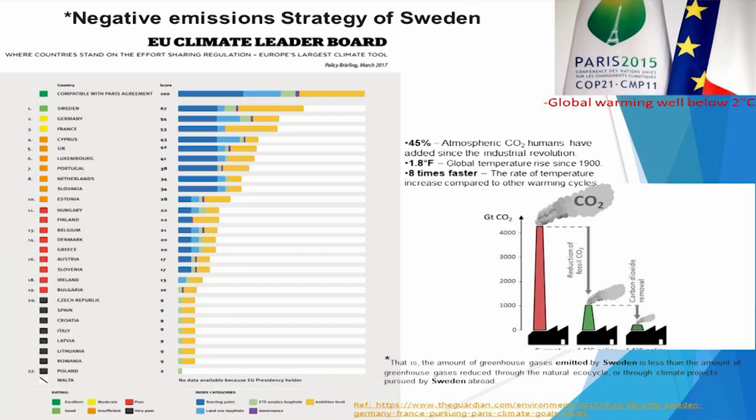Here is some scaling of different countries like Sweden. They achieved zero emission in 2021. Last year they achieved zero emission, based on what they are emitting and what they are capturing. But now they have planned for 2025. Before, in the Paris Agreement, they presented that they would achieve it in 2030, but now they have revised their policy. They will go for negative emission by 2025. You can see here Sweden, Germany, France, and many other countries, how much they have achieved till today, but where are we?